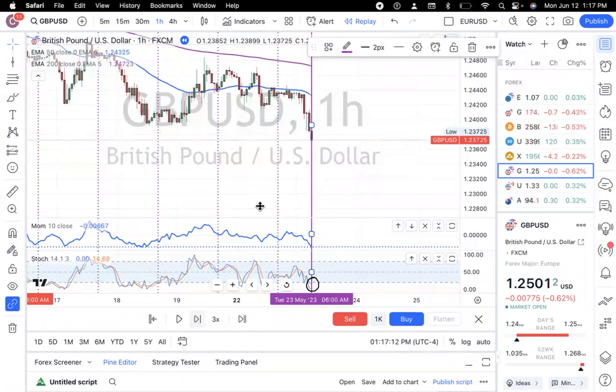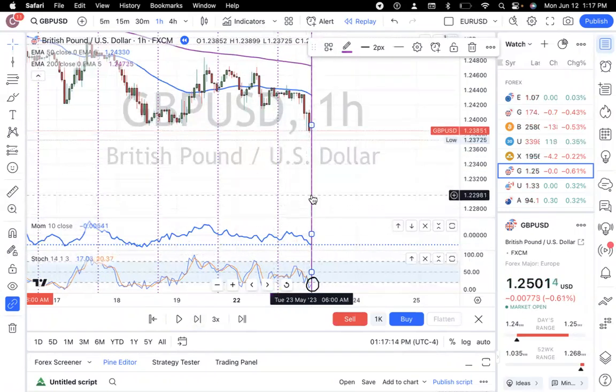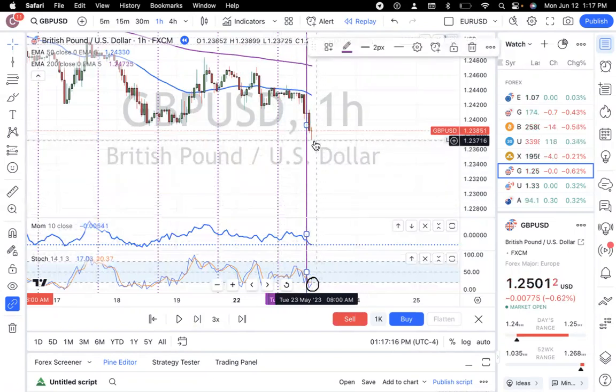But what you're going to notice is that the market continued to drop. If we would have gotten into a buy here and didn't have an appropriate stop loss, because this next candle literally pushed down, we could have gotten stopped out of this trade simply because the market was still oversold and not ready to buy.